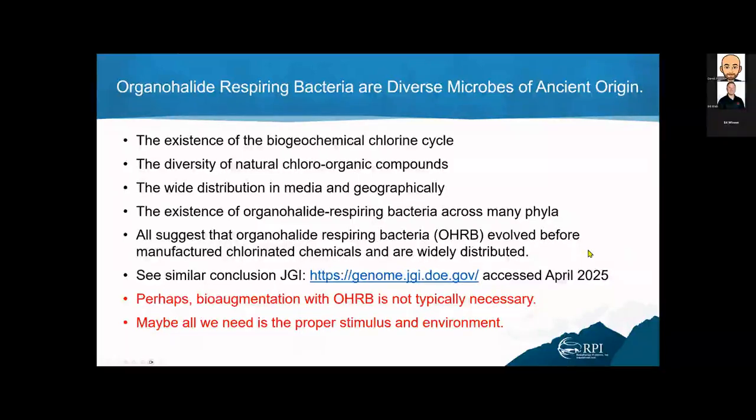You have the microbes that do dehalogenation widely distributed in both media and geography, and the existence of organohalide respiring bacteria across many phyla, all suggesting that organohalide respiring bacteria evolved before the manufacturing of man-made chemicals.